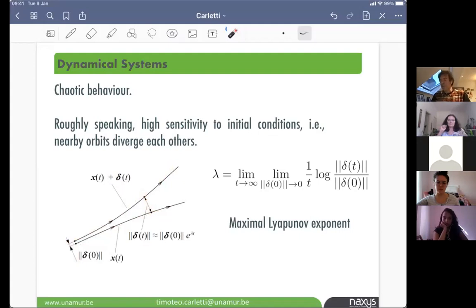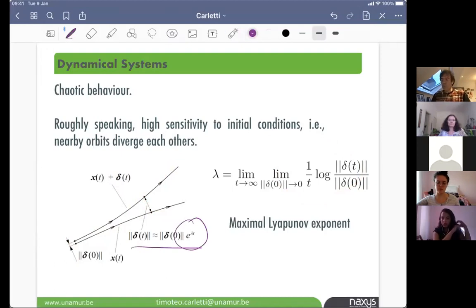Indeed, if you take the logarithm of the distance between the two orbits and you divide by t, this is the exponent of your potential exponential growth. This means that delta grows more or less like exponential of lambda t. So this is the maximal Lyapunov exponent. You can prove that it exists almost everywhere with respect to the initial condition.